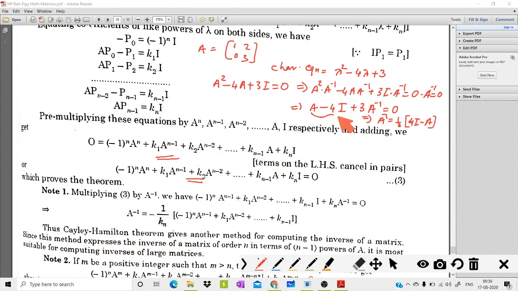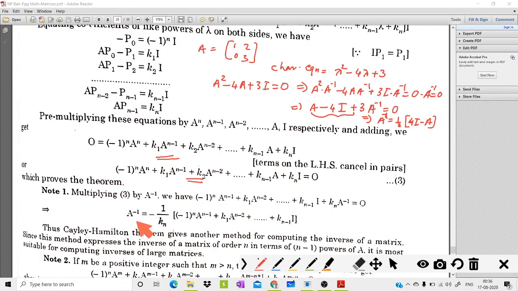You can transpose these two terms to the right. Then you will get 4I minus A. Then transpose 3 to the right, then that will be 1 by 3 times this. So you can easily find the A inverse as a linear combination of A and I. When you consider a third order square matrix, you can write A inverse as a combination of A square, A and I. So this is one way we find the A inverse of a matrix.